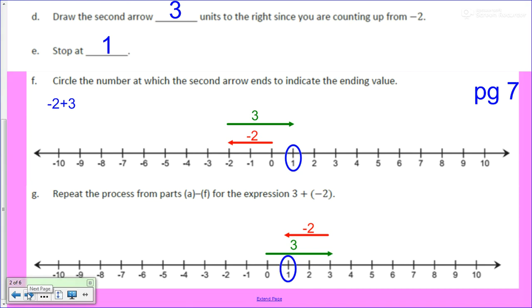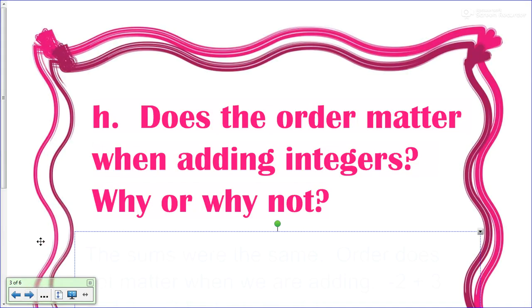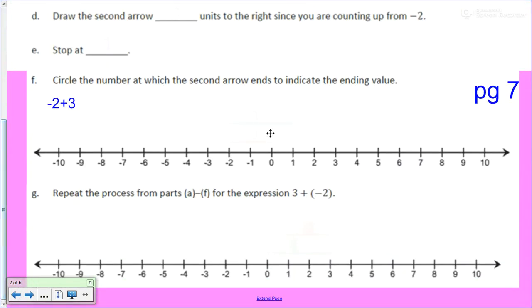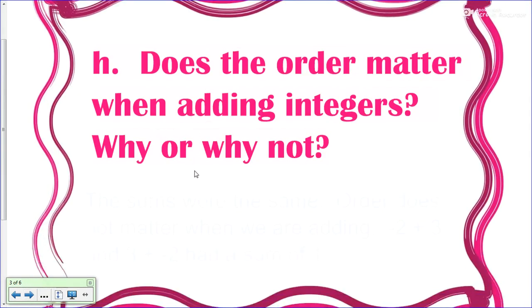Okay. Now your letter H right underneath that, I have to change my slide, you do not. But the question is, does order matter? And hopefully what you figured out from these two number lines that disappeared on me here, let me get them back again, is that the order does not matter because we have a sum of 1 for both of these two expressions, right?